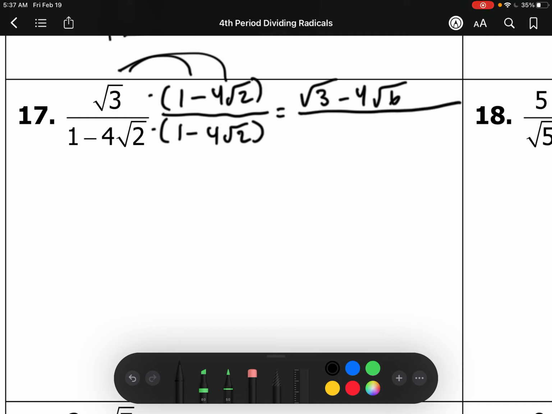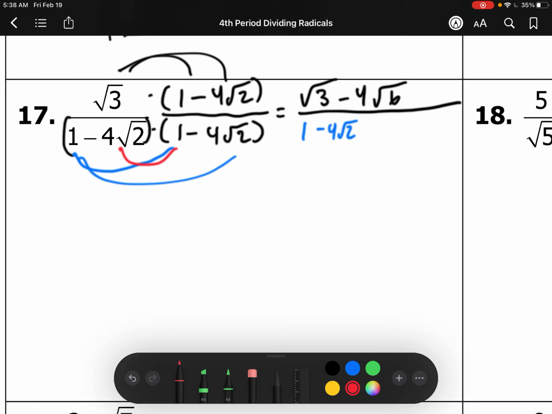And then for my denominator, again, I'm going to do a different pen color. So we have 1 times 1, which is just 1. 1 times negative 4 times square root of 2 is negative 4 times the square root of 2, right? Next, we're going to distribute negative 4 times the square root of 2.